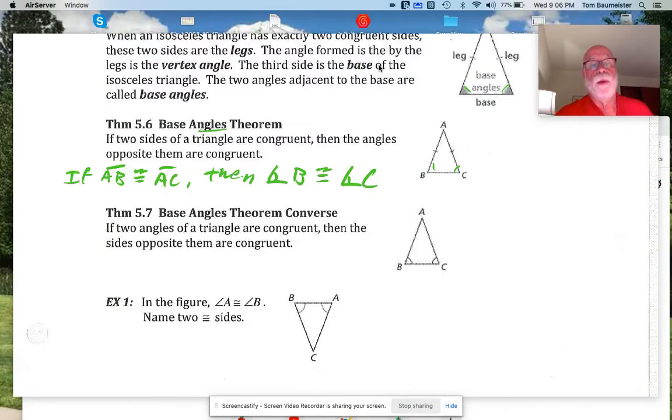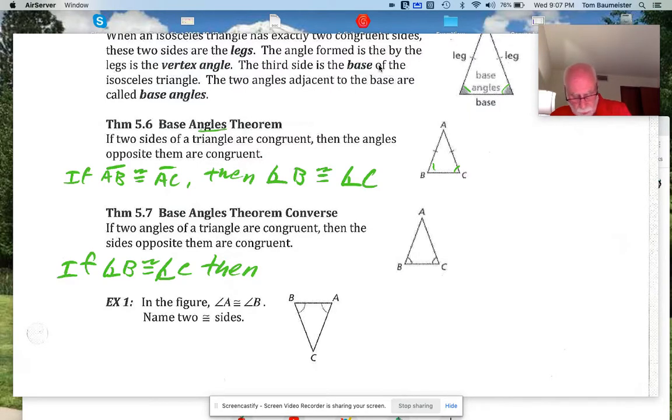So the next one is the base angles theorem converse, which tells us, again, they just switch the if and the then part, if you want to think about it that way. That's what a converse does. So on this one here, it changes the then to the if. So what it is saying then is if two angles of a triangle are congruent, so if, look at the above one, if angle B is congruent to angle C, then the sides opposite them are congruent.